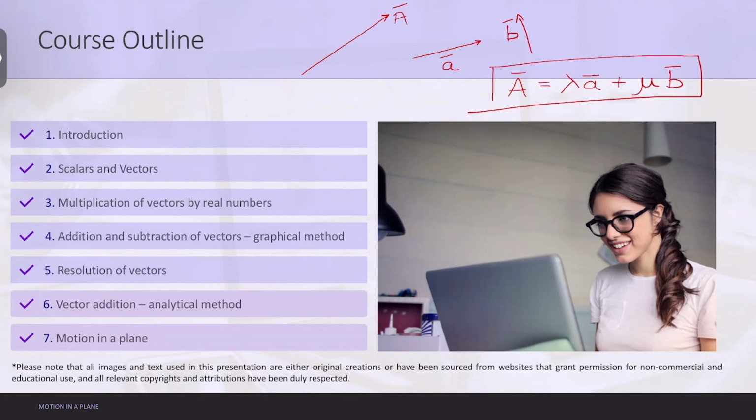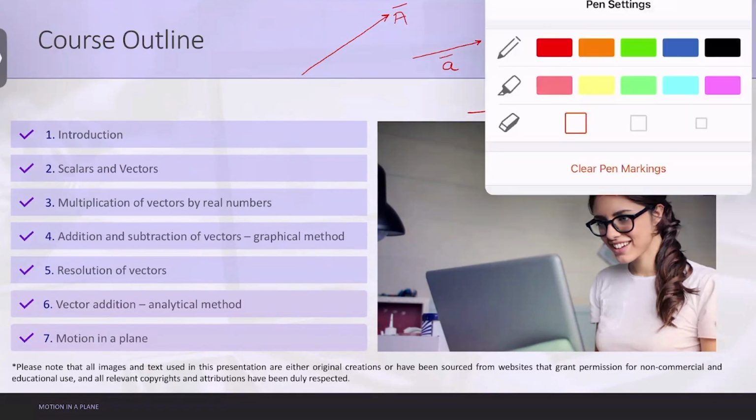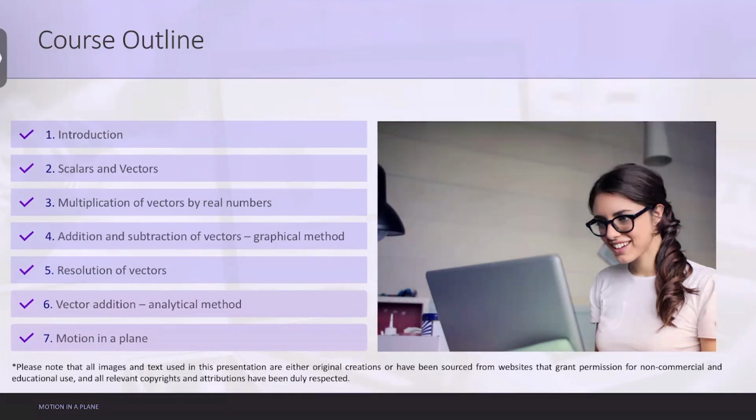This means the capital vector A is being resolved into two different component vectors, small a bar and small b bar, in terms of lambda a bar and mu b bar.